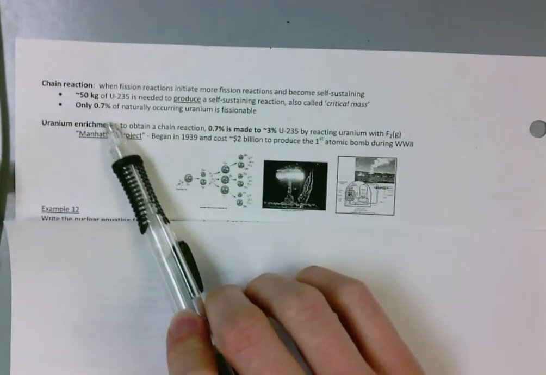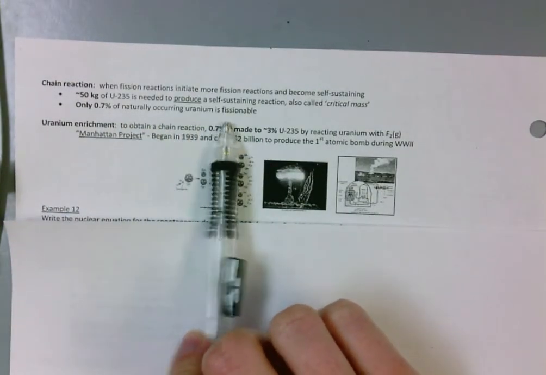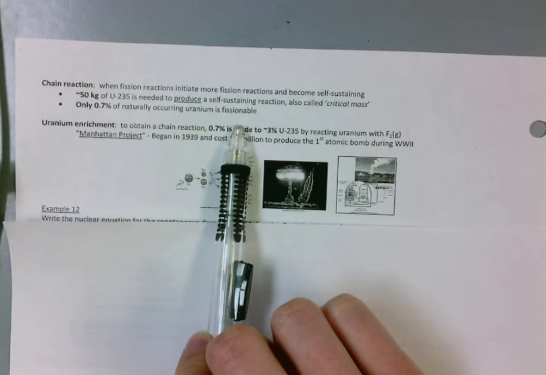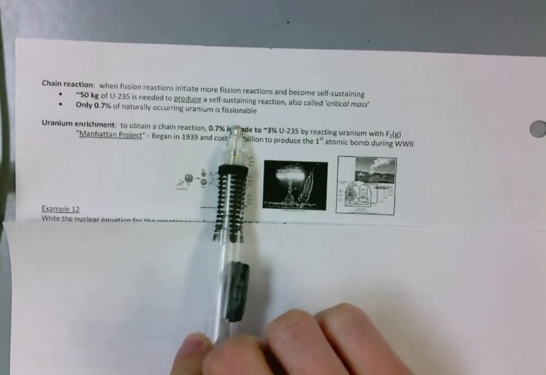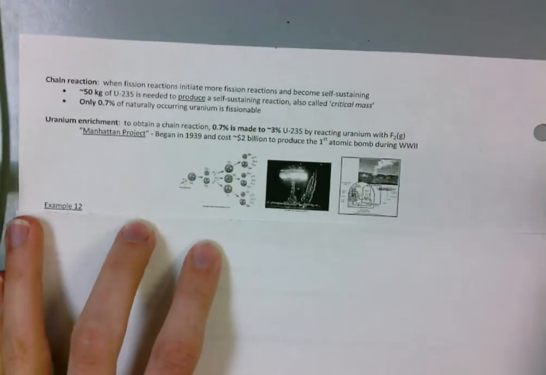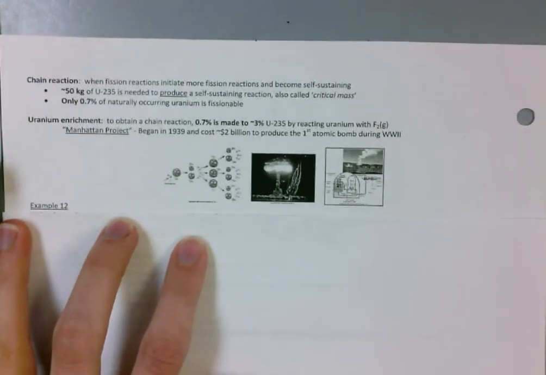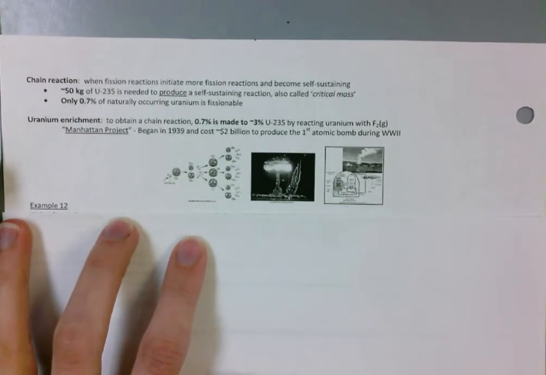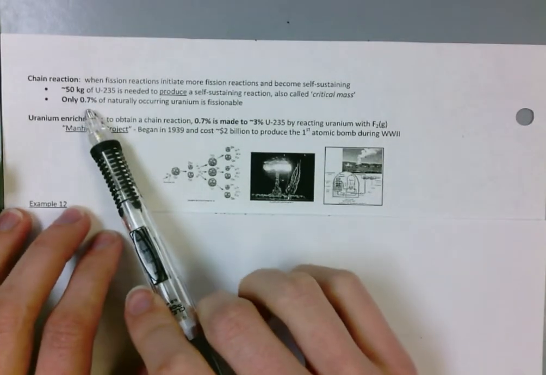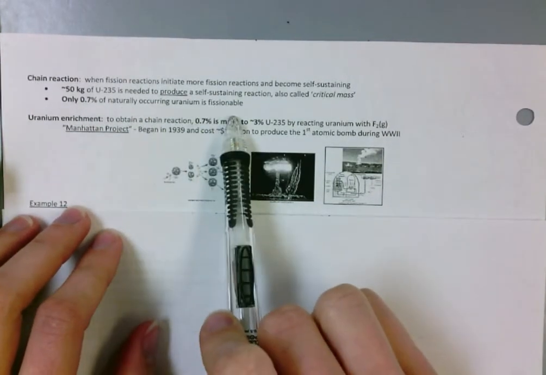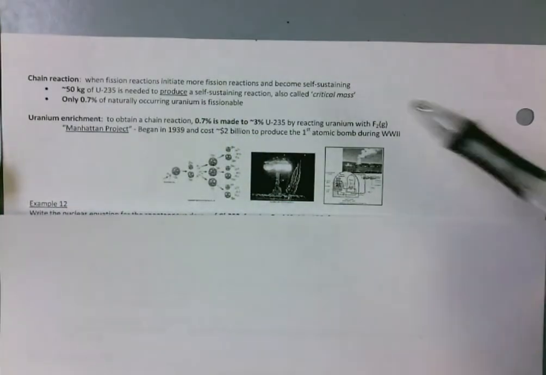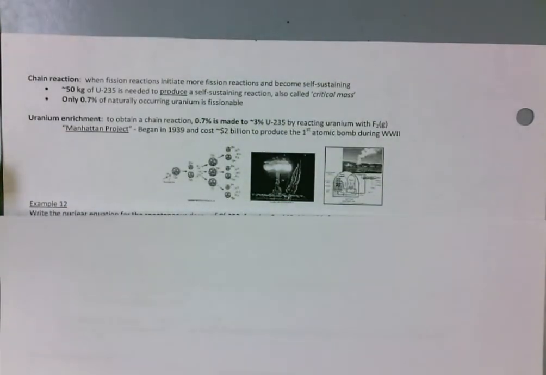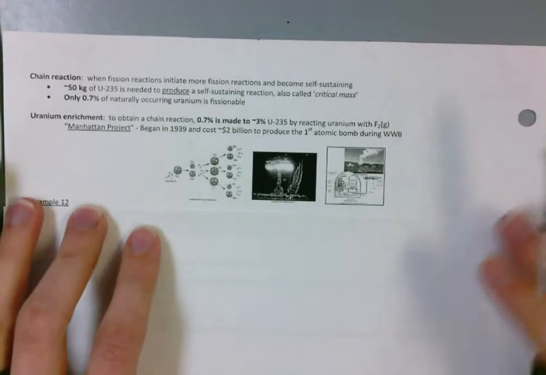Only 0.7% of naturally occurring uranium is fissionable. You have uranium naturally occurring in soil everywhere on Earth, but only 0.7% of it can we actually utilize for these fission reactions.